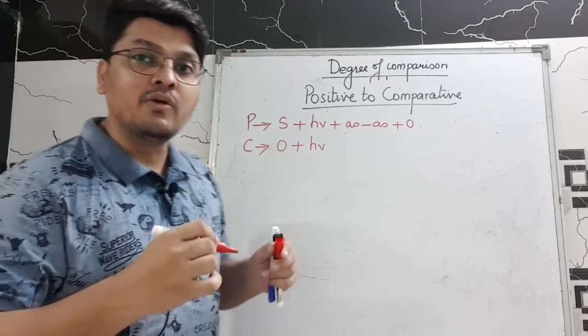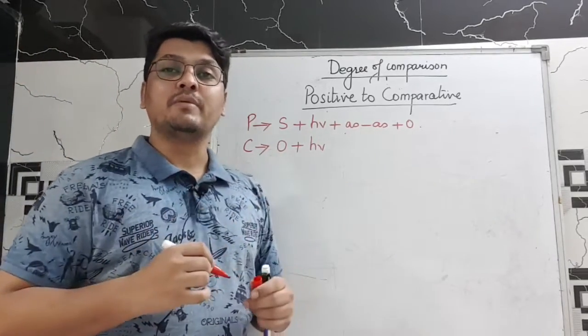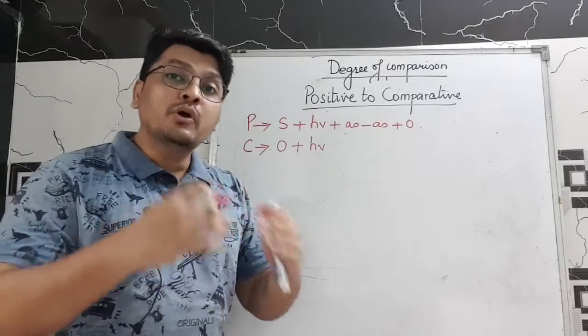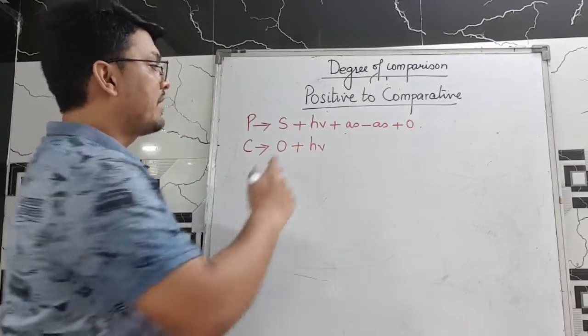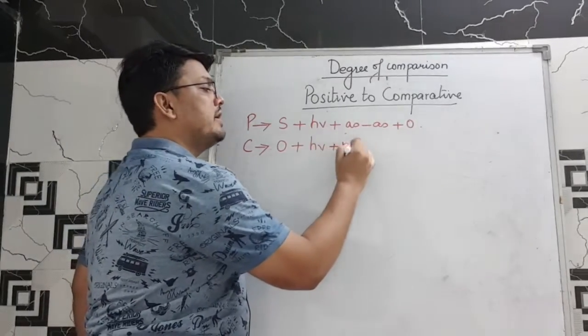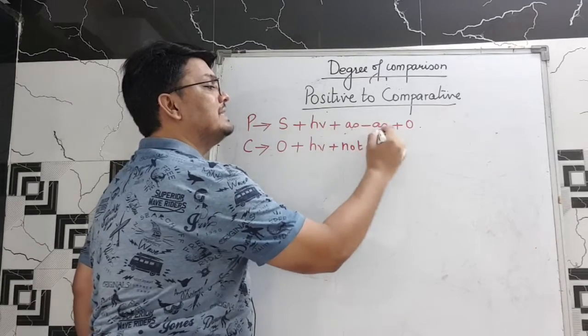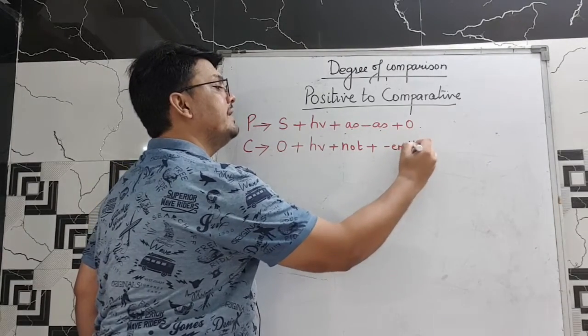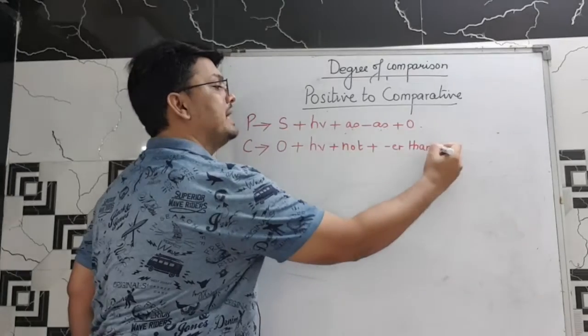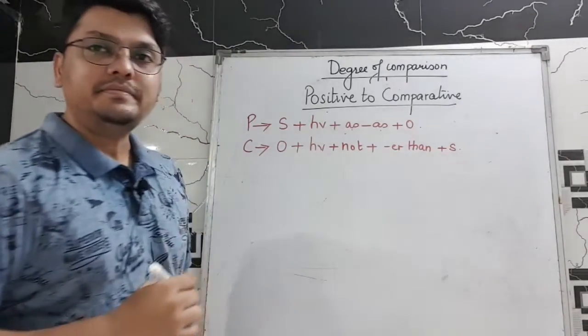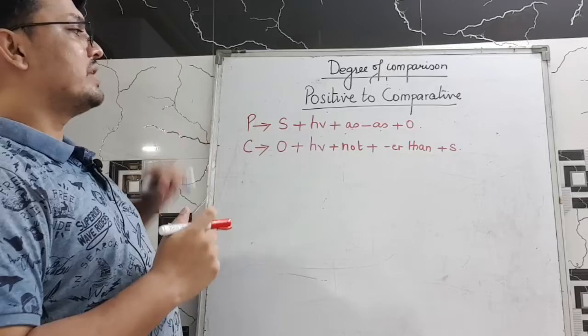If it is singular, you'll use singular helping verb. If it is plural, plural helping verb will come. Okay? Plus not, plus as will turn into er than, plus subject. Okay, this is my structure.